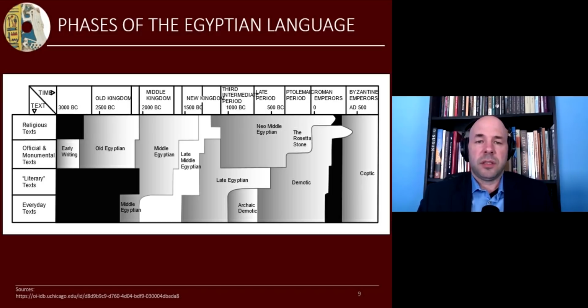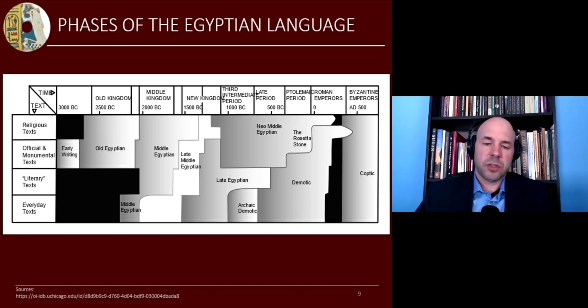Now, this chart shows you a very complicated view of how all these phases interact with each other, or are interwoven across history. One thing to keep in mind when you're looking at a chart like this is that just because we often associate, for example, Old Egyptian with the Old Kingdom, it doesn't mean that in later periods Old Egyptian disappears completely.